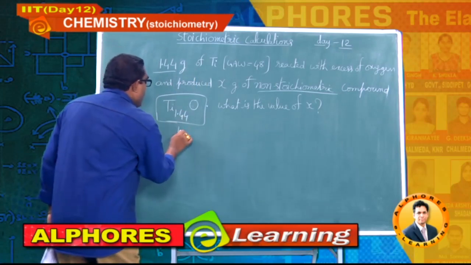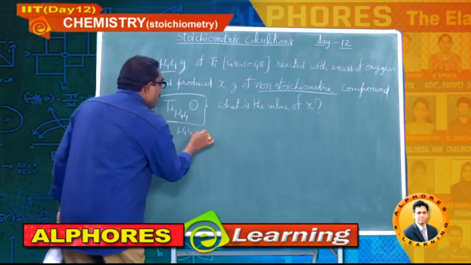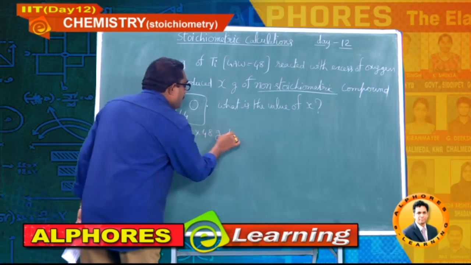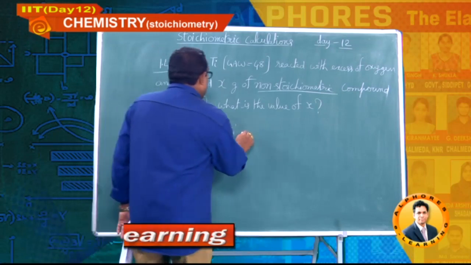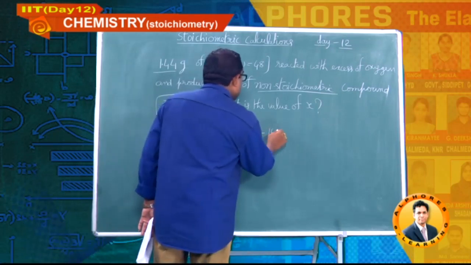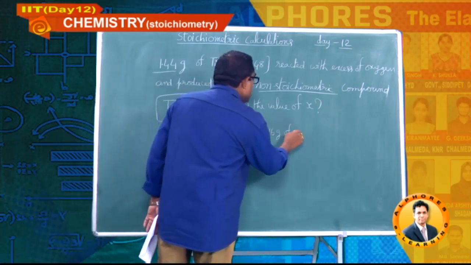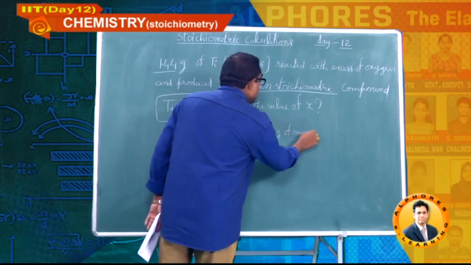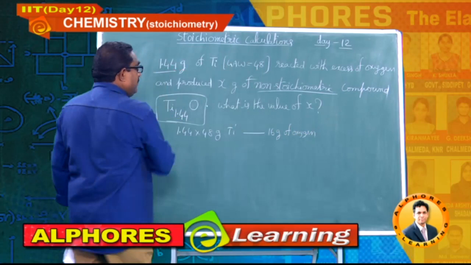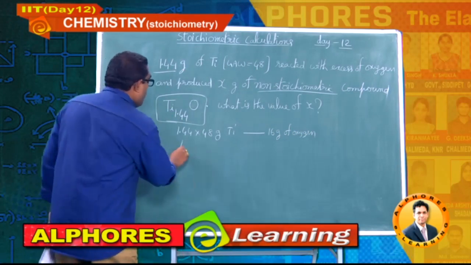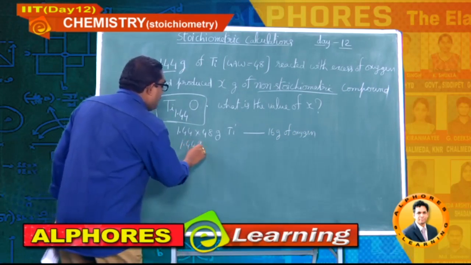So 1.44 into 48 grams of titanium combines with 16 grams of oxygen. That we can write. But this time he has given only 1.44 grams of titanium.